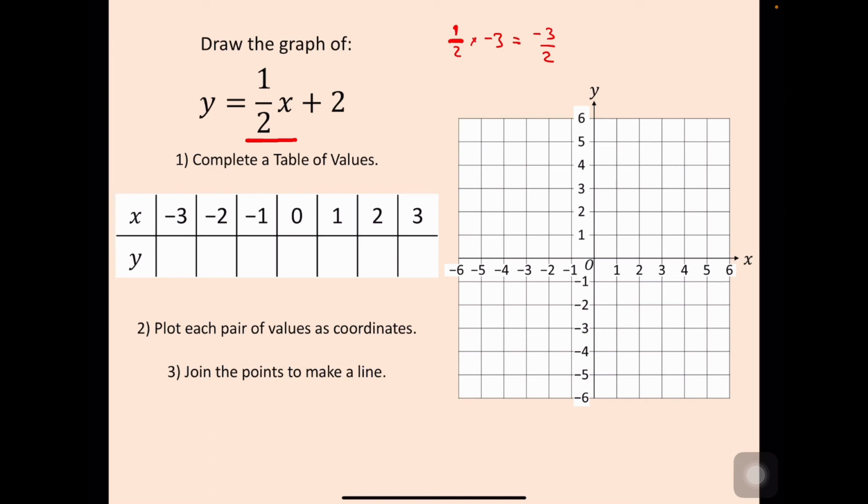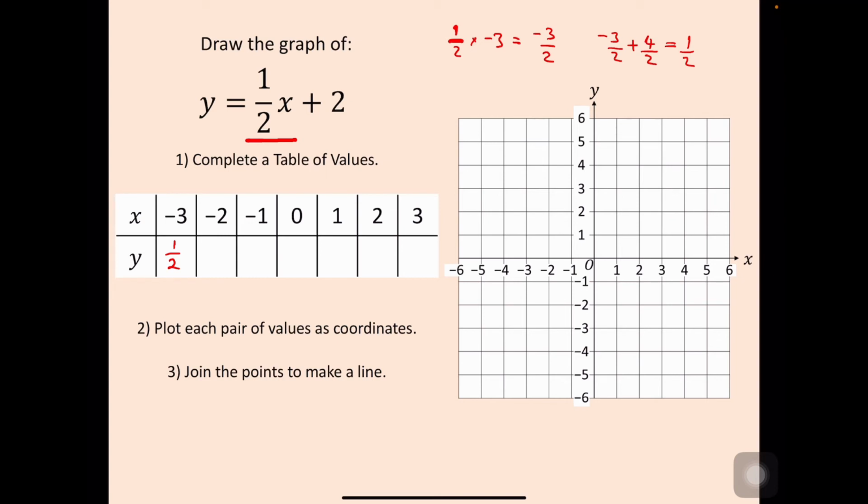And -3/2 plus 2 is the same as -3/2 plus 4/2, because 4/2 is the same as 2. So our answer is 1/2. So I'll write 1/2 here.